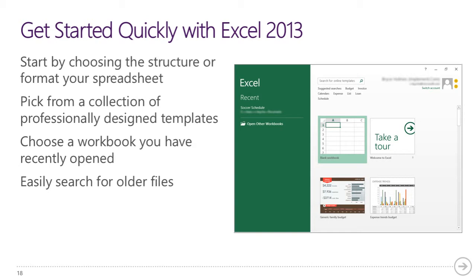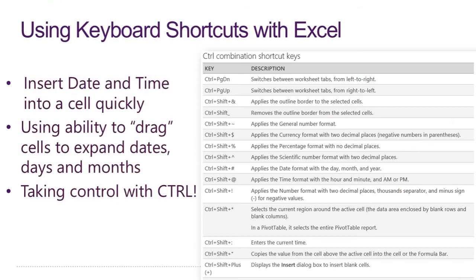And you'll see with Excel 2013, there are ways of doing this in previous versions of Excel, but 2013 has really gone to the next step to make it very easy to search from a recently used list of items, all the way up to searching for templates that are out there in the public domain, as well as searching for older files. I'll show you this in just a second here.